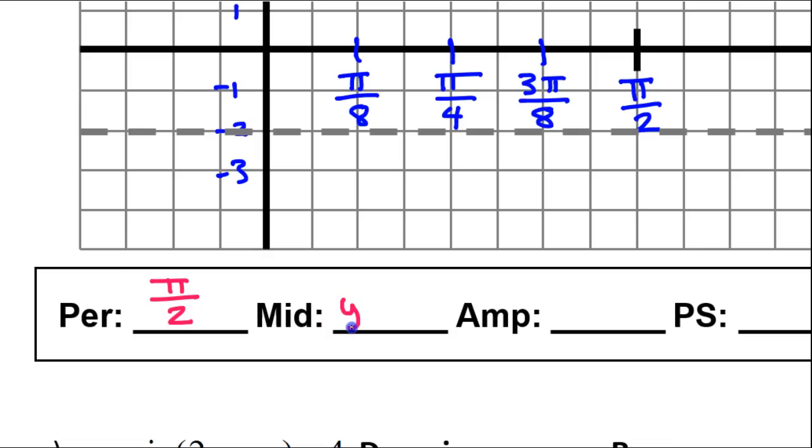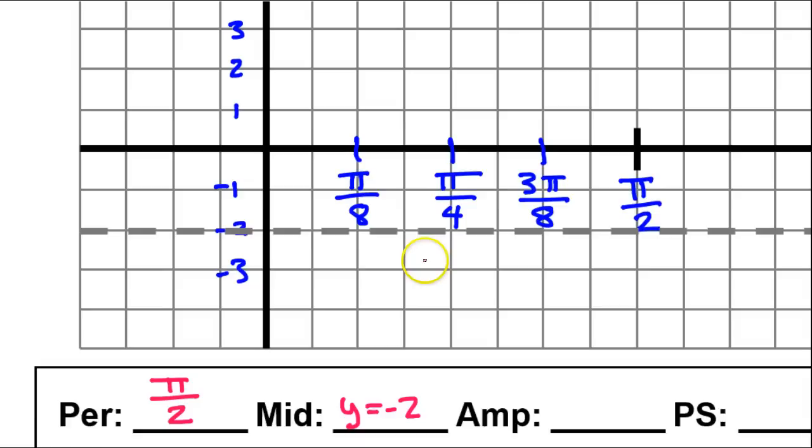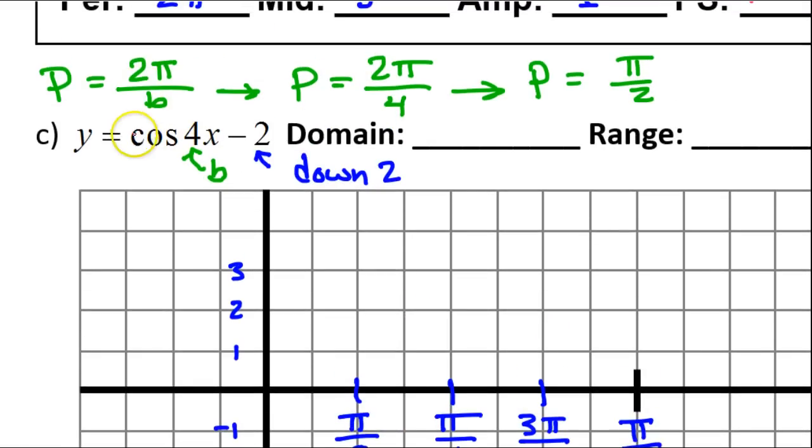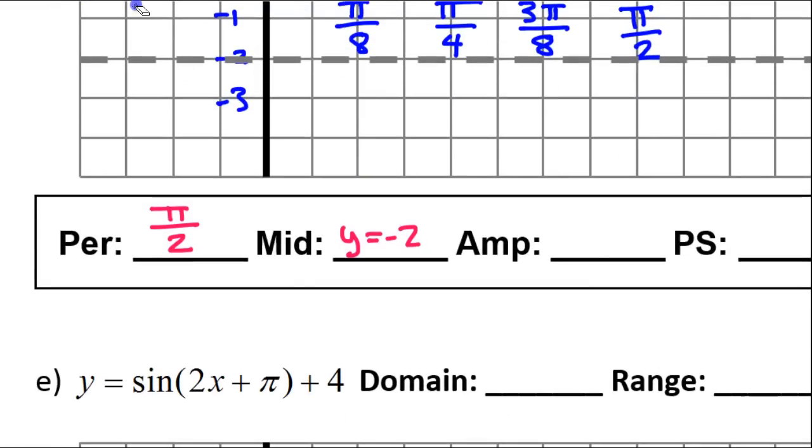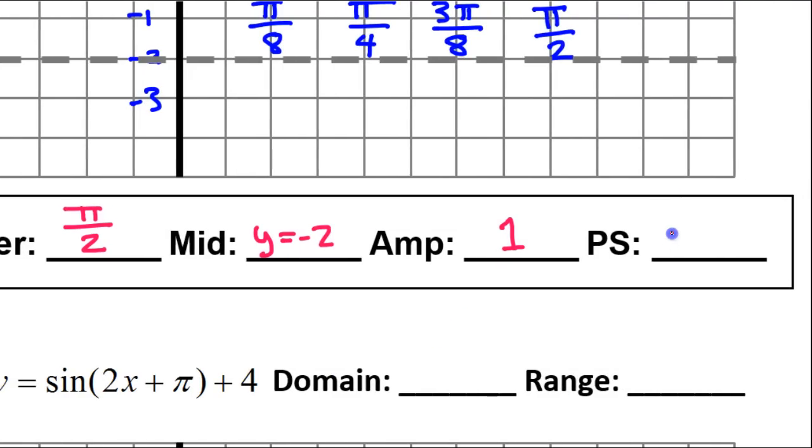The midline is y equals -2. The amplitude is going to be given by whatever number is in this position. But there's no visible number, so that means the amplitude is still 1. By the way, the amplitude is always positive. There is no phase shift still.